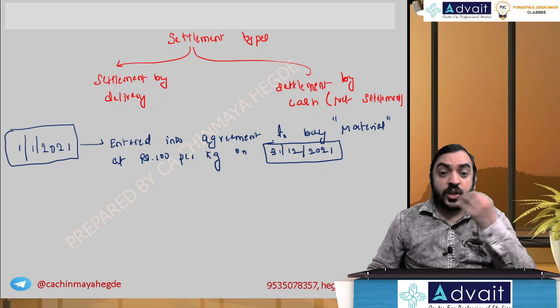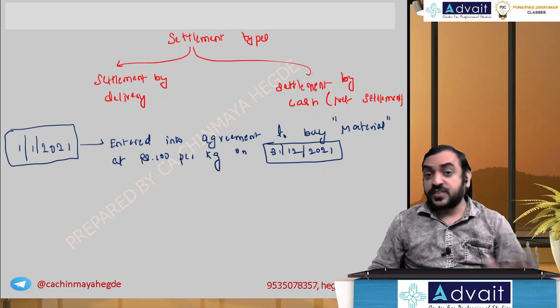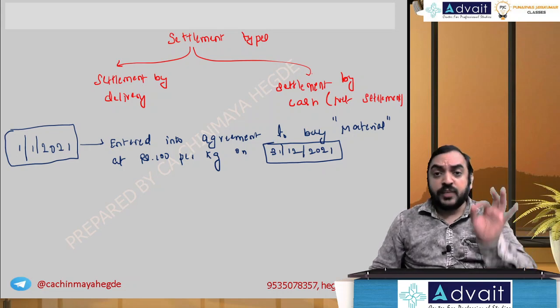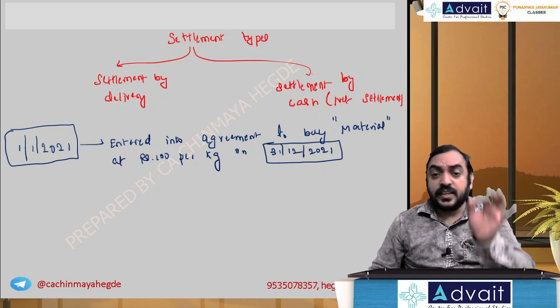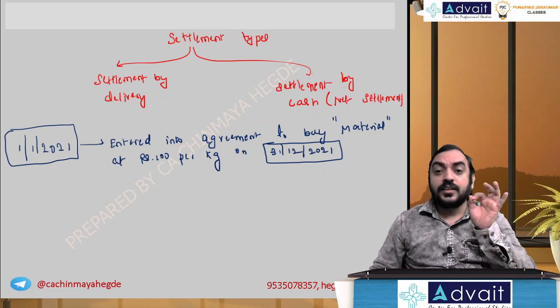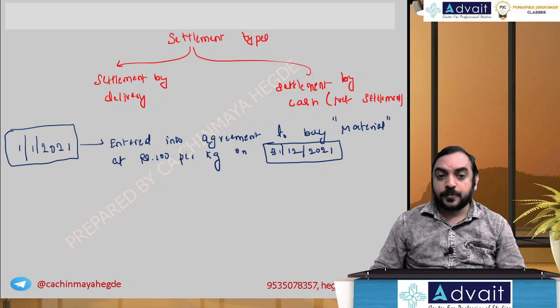So 1/1/2021 is the date of signing the contract. 31/12/2021 is the date of execution of the contract.